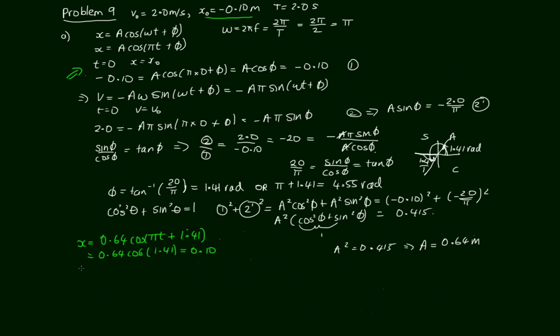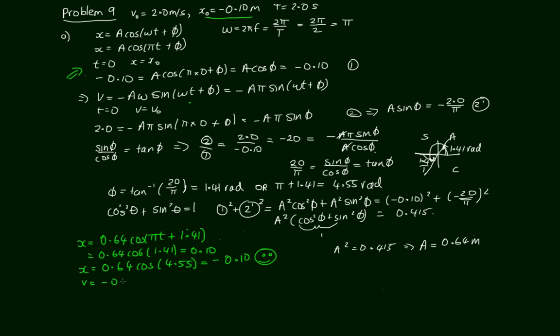So let's check 4.55. So in that case, we've got x is equal to 0.64 cos, and here we'll use t equals 0 again, but we'll put in 4.55. And then when we solve this on the calculator, we end up with minus 0.10. So that's good. Okay, and then just to double check, let's look at V. So V is equal to minus a omega, that's from this line up here.